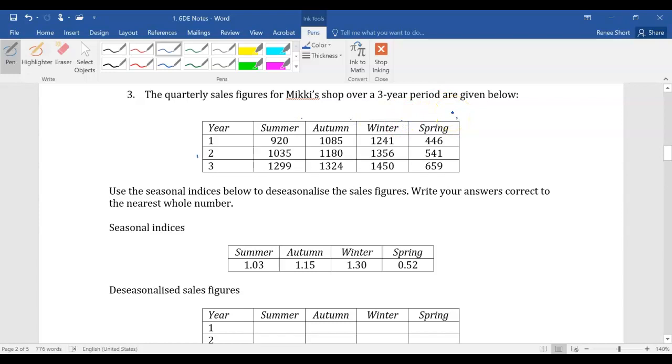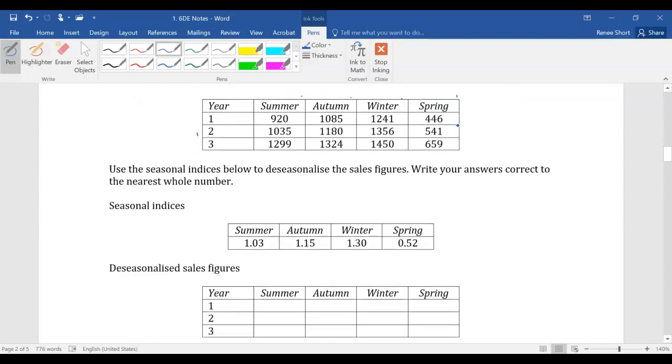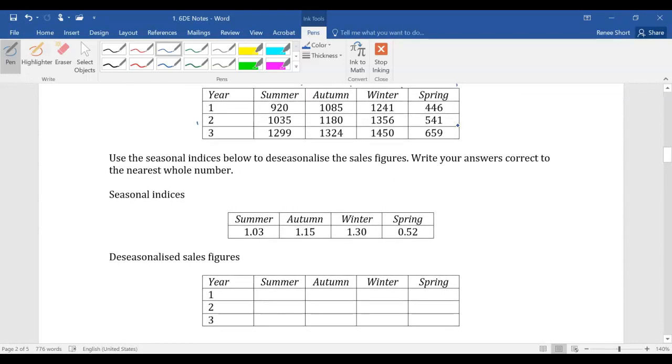If we read that top row, we're saying in year 1, Mickey's shop sold $920 worth of stuff in summer, $1,085 in autumn, $1,241 in winter, $446 in spring, and so on for year 2 and year 3. It says here to use the seasonal indices below to deseasonalize the sales figures and write your answers correct to the nearest whole number.